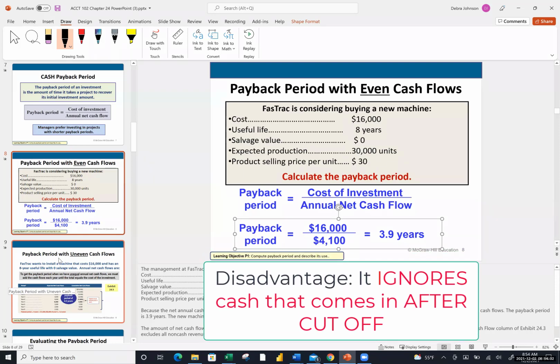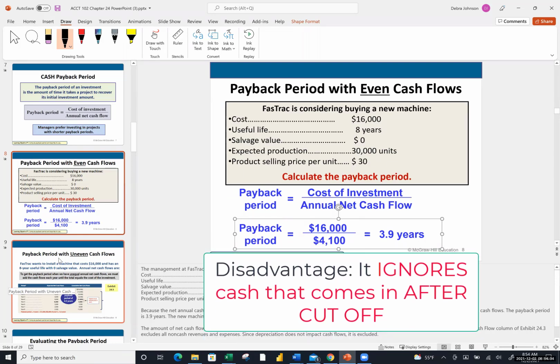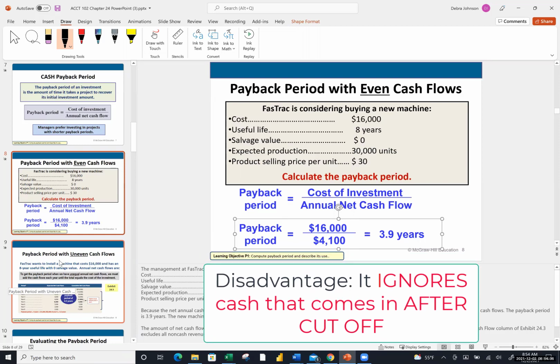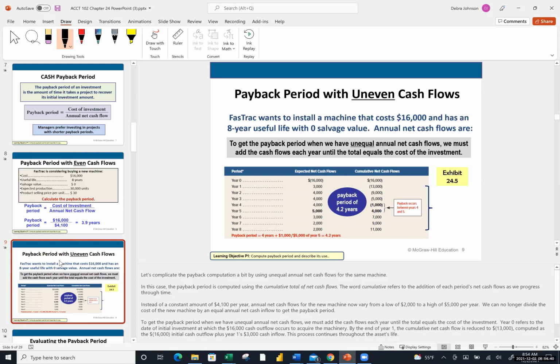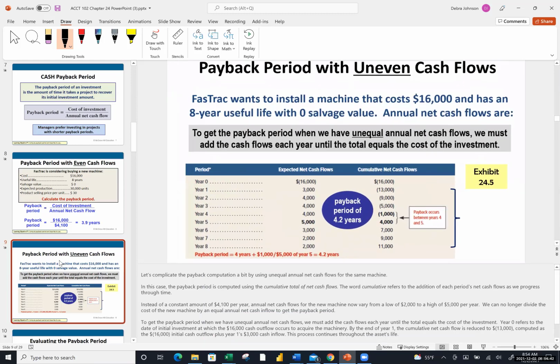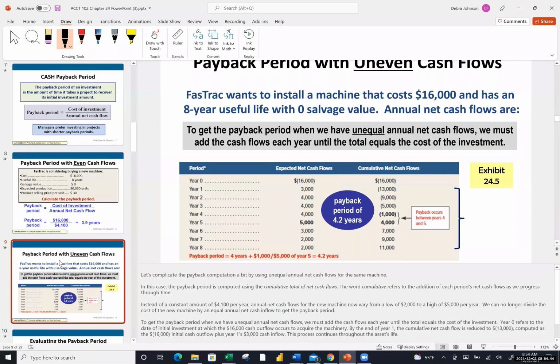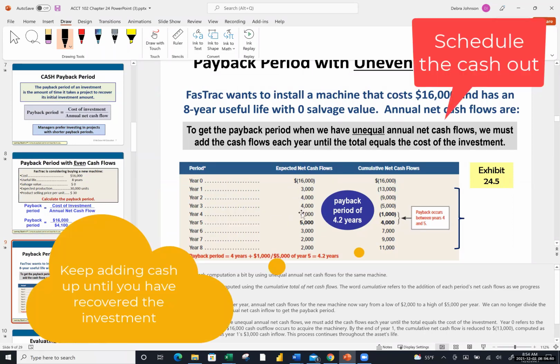Most of the investments that we take a look at are not going to have equal annual cash flows. And I know this is hard to see on the little PowerPoint. So instead of using that formula, what we're going to do is schedule the cash out so that these numbers are given to us.